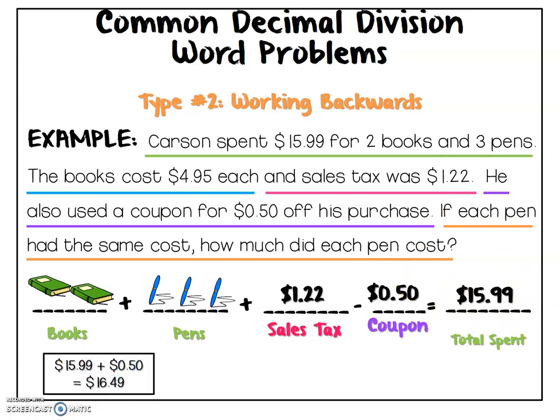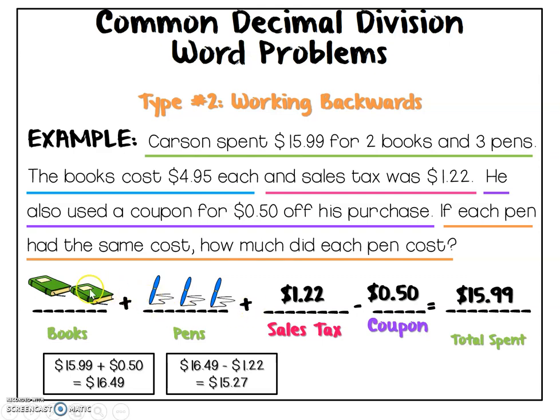That means before the coupon was scanned, the total bill was $16.49. So now I've used the coupon amount in my working backwards. I'll go to the sales tax. Since I would originally have to add the sales tax, when I work backwards, I have to undo that by doing the opposite. So now I'll take that $16.49 and I'll subtract the sales tax, which was $1.22.